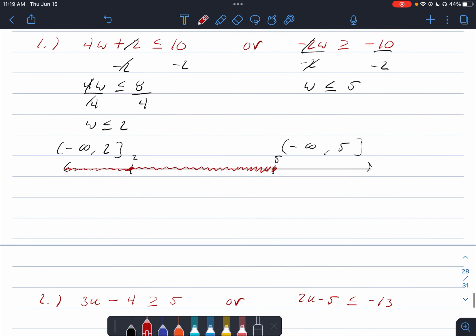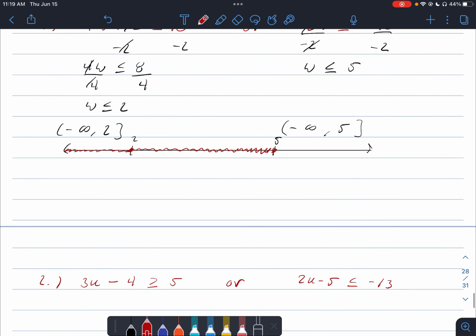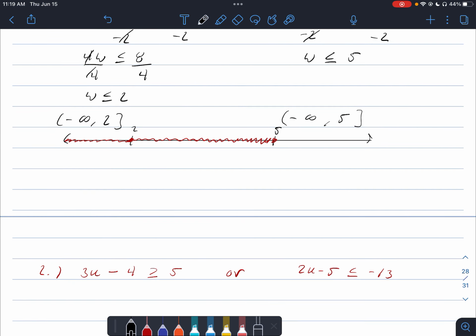Okay, so since we want to consider everything that satisfies either of these inequalities, we can union these two together. Okay, so this would be negative infinity to 2 union with negative infinity to 5.